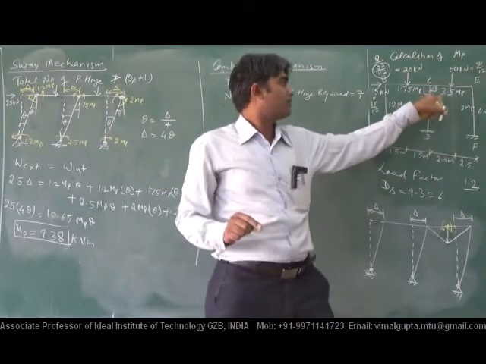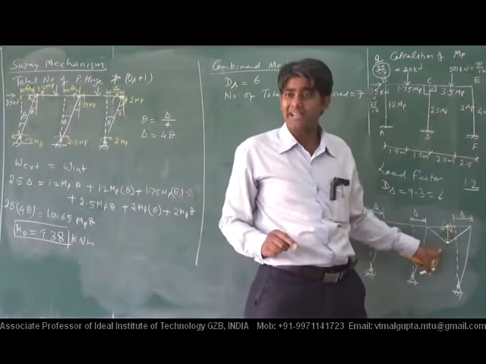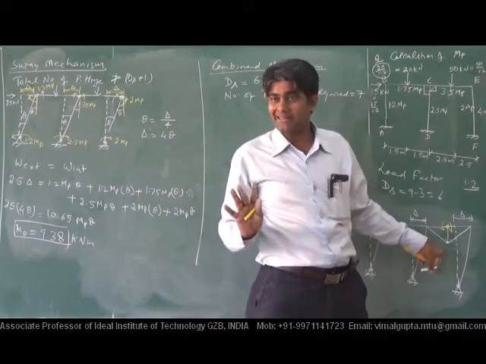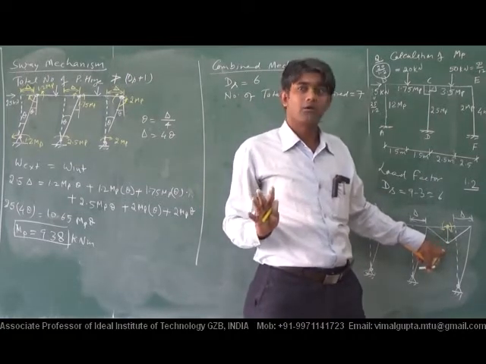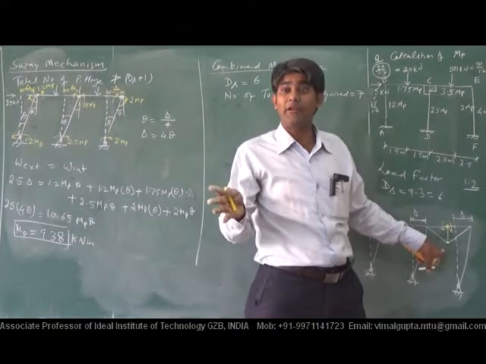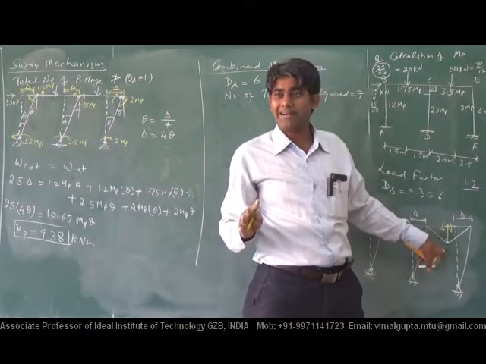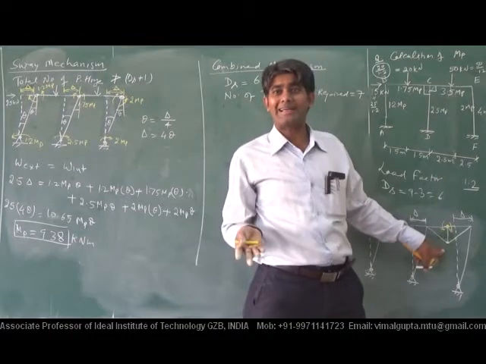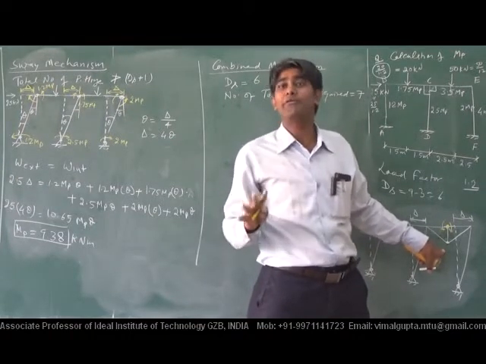If the plastic hinge has to be there, then this will be the deflected shape. Now for that deflected shape, the next step is: where must a plastic hinge form?